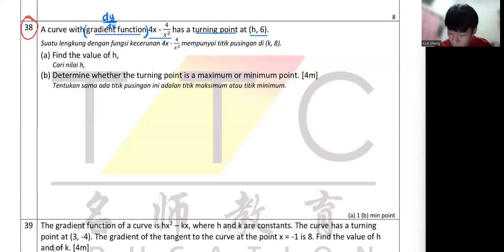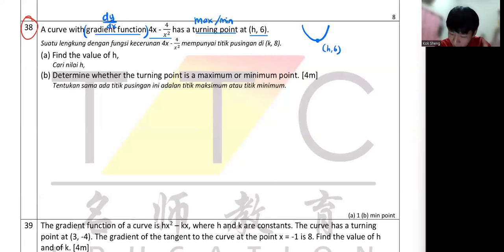Okay, given to you here, you're given the turning point. So the turning point, titik pusingan in BM, stands for what? Maximum, minimum. Okay, I simply draw here. So you have the maximum or minimum point, H6.